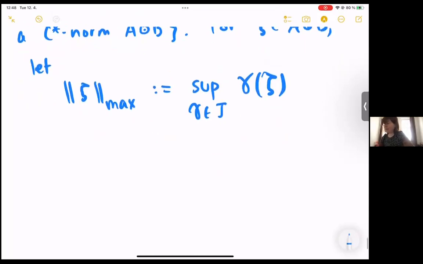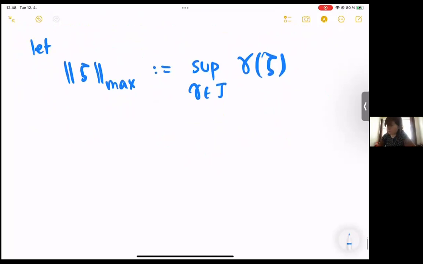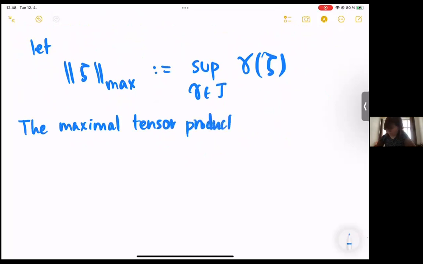And then we define the maximal tensor product of A and B to be the completion. And we put a little max under our tensor product.